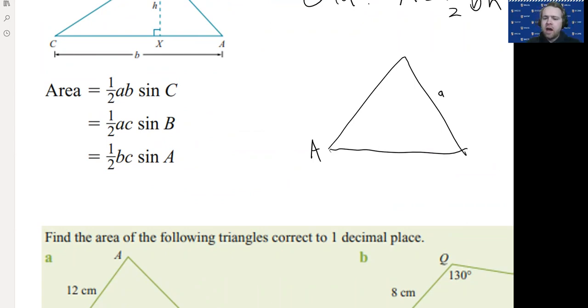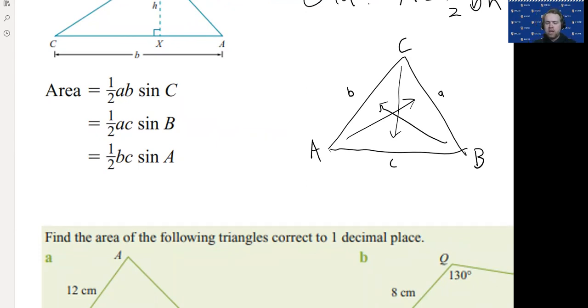If I called this one angle B, then the side opposite it would be lowercase b, and if I called this one capital C, this would be lowercase c. The lowercase letters refer to the sides, and the uppercase letters refer to the angles at the corners of that triangle. Capital A looks across at lowercase a, capital B looks across at lowercase b, and capital C looks across at lowercase c.